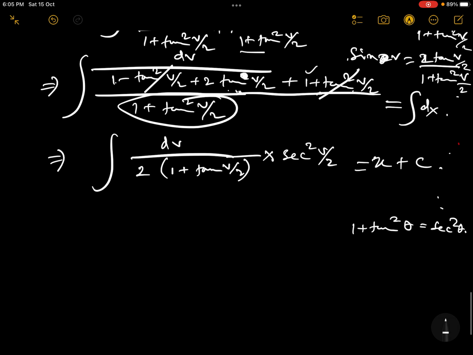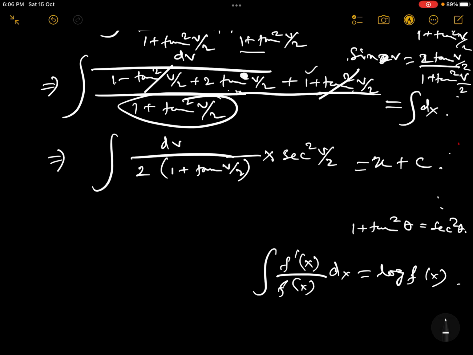What do we observe again? See, if we differentiate, we are getting this form again. f dash x by f of x, dx will be log of denominator. Because if we differentiate this denominator, this is sec square v by 2 and then 1 by 2. Right?